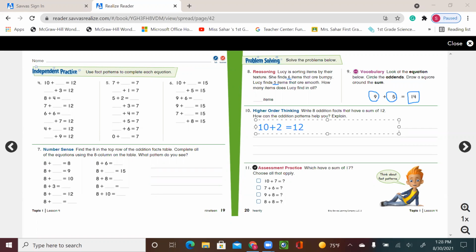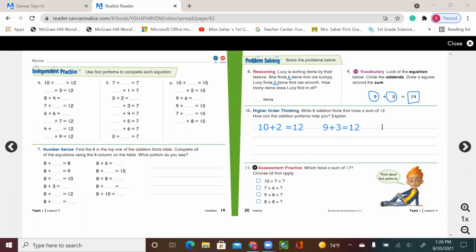I know what I learned. The first addend will lose one number and give it to the second addend. I'm going to put it next to it because we don't have enough space to put them all. So the 10 will become 9 plus, and the 2 will increase by one, become 3, equals, of course, the same, 12. Very good.